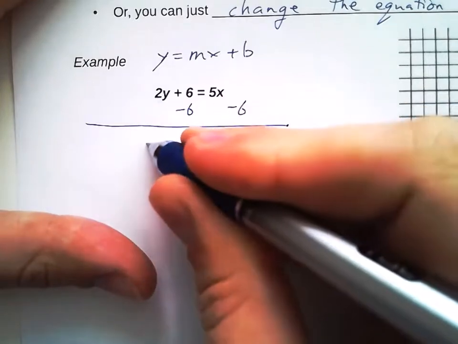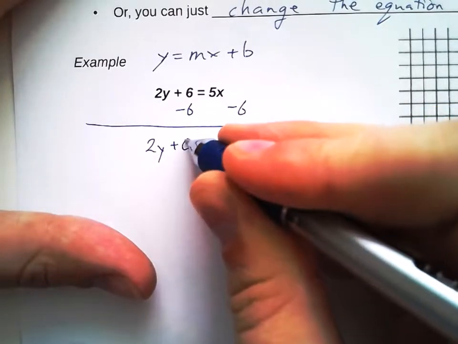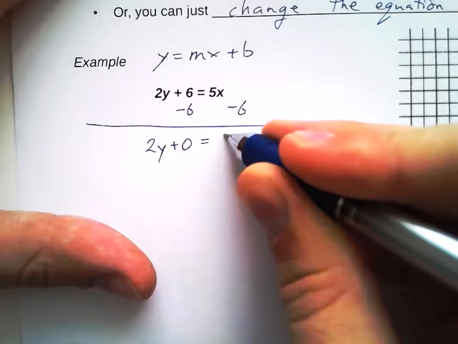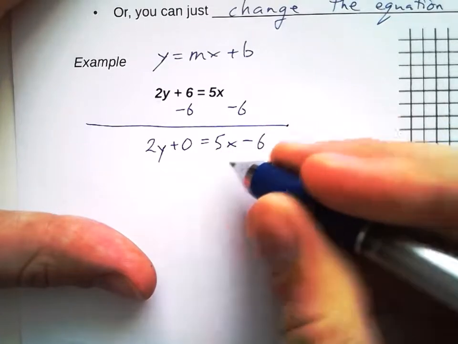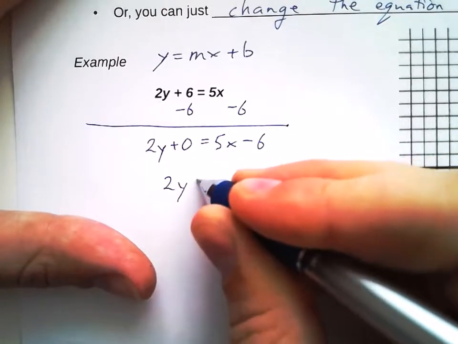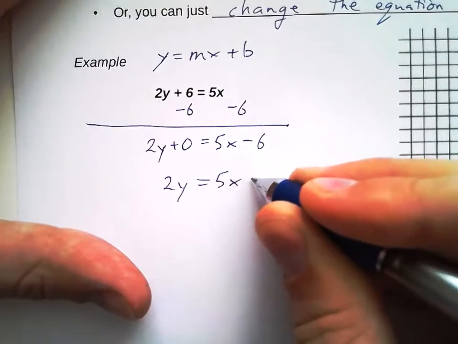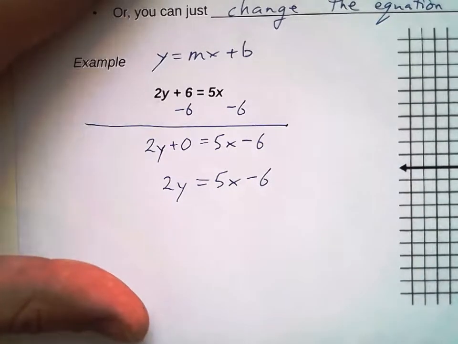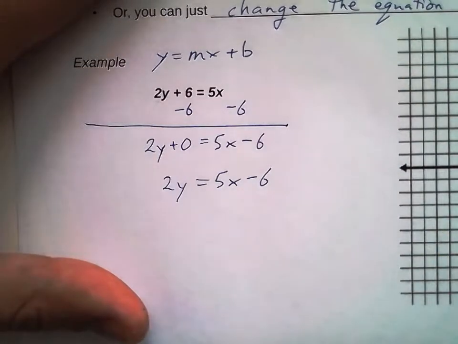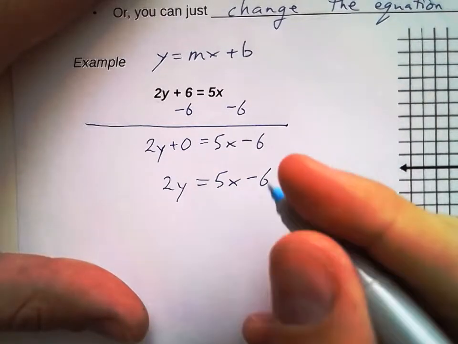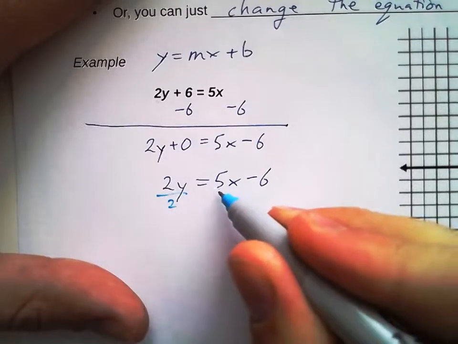So 2y plus 0 equals 5x minus 6, or we could just say 2y equals 5x minus 6. Now I want to divide both sides of that by 2.